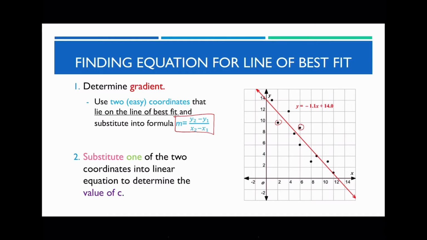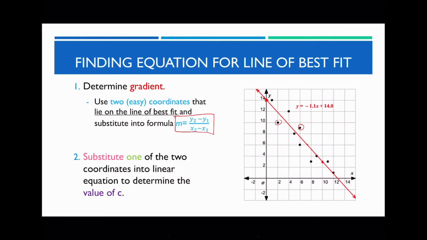So in this example, the two coordinates I will choose to find my gradient would be this one over here, as well as this one over here. I can readily see a better exact value of what these coordinates are, as opposed to choosing this one as well as this one. So make sure you are choosing really easy coordinates to calculate your gradient.